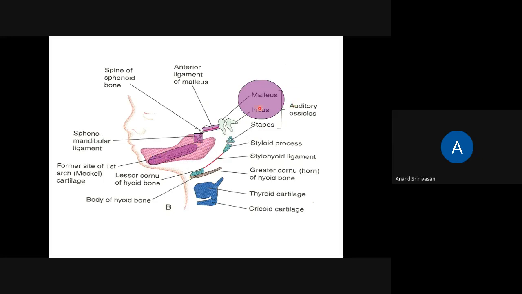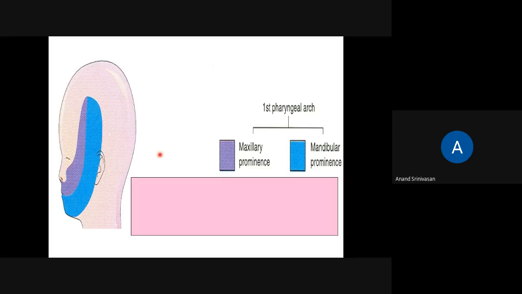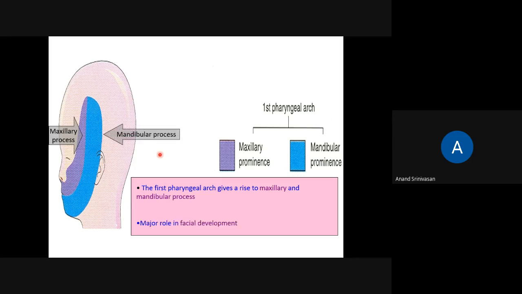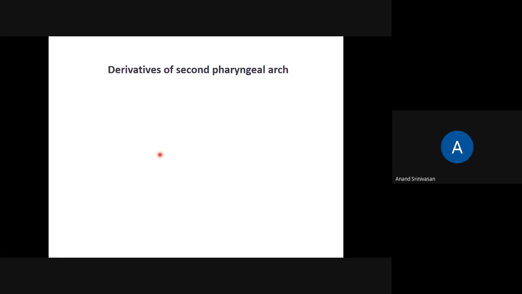These are the skeletal structures derived from the first pharyngeal arch. Also from the first pharyngeal arch there will be the maxillary and mandibular processes, which lead on to the major development of the face.